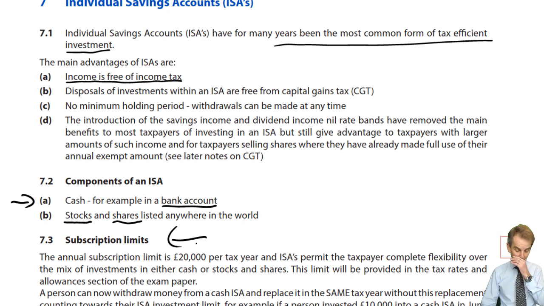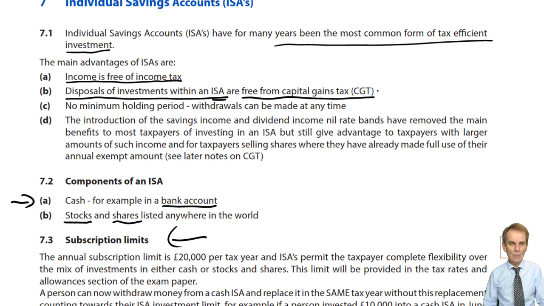But then there's another reason why we achieve tax advantage and may still wish to use an ISA. Disposals of investments within an ISA, now basically we're talking about shares here being the ones that would give rise to a chargeable gain, are free from CGT. They're exempt from capital gains tax.